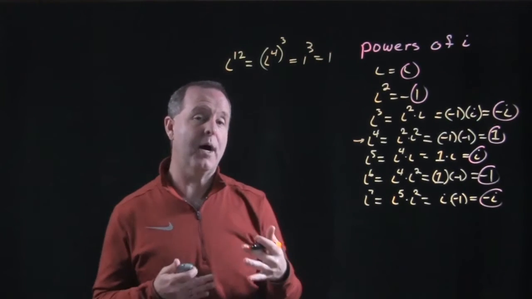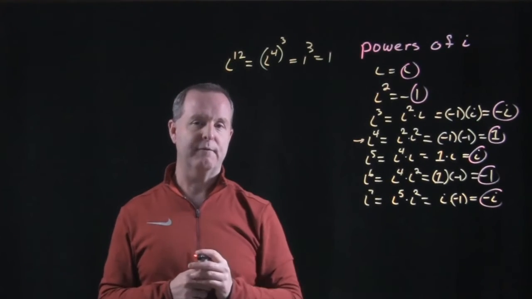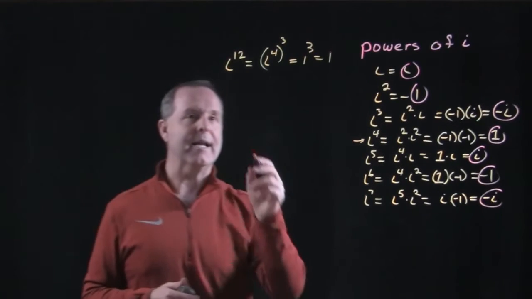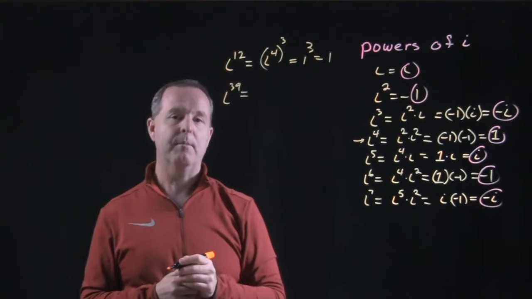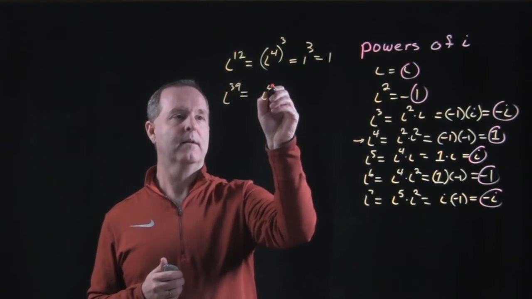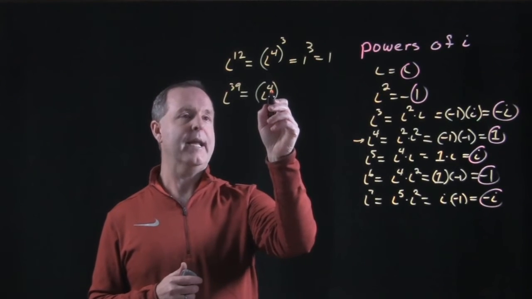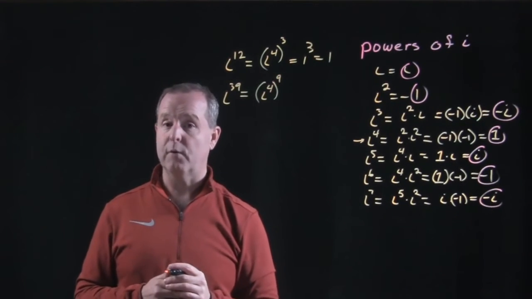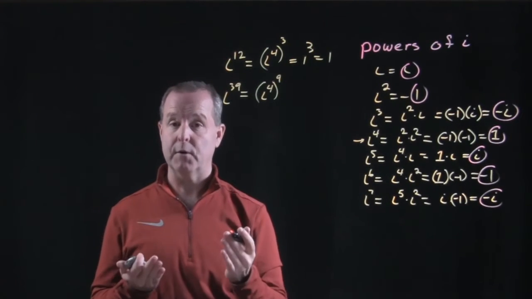Our goal in this process, with these various powers of i, is to see how many i to the fourths we can use as factors. Let's look at i to the 39th. How many i to the fourths are there? I hope there's a whole bunch. It looks like there's 9 i to the fourths, because I can multiply their exponents. 4 times 9 produces 36.